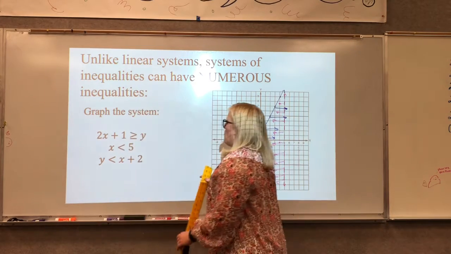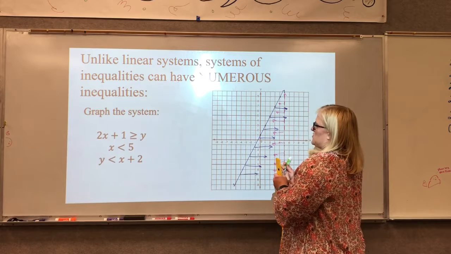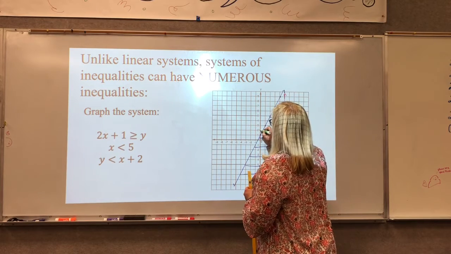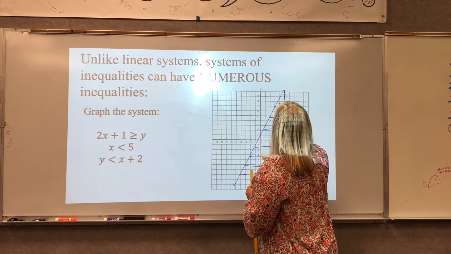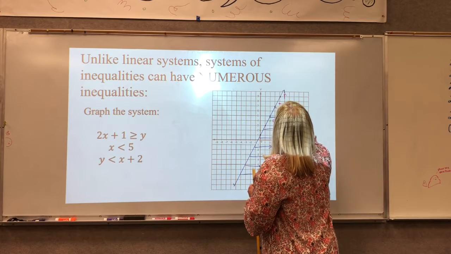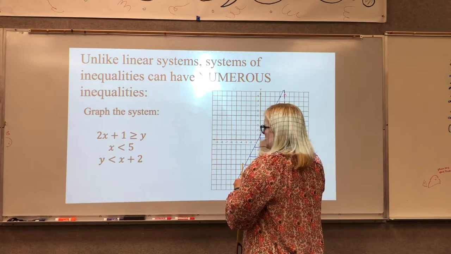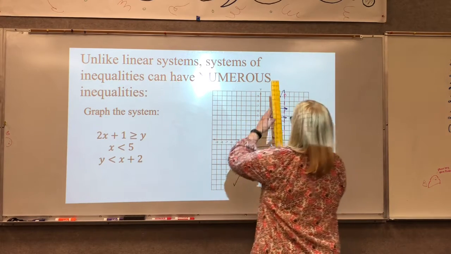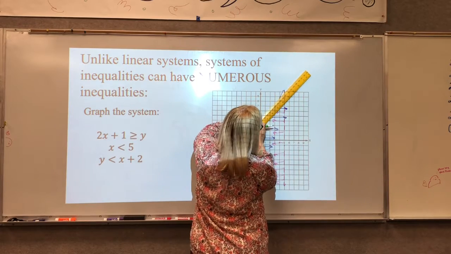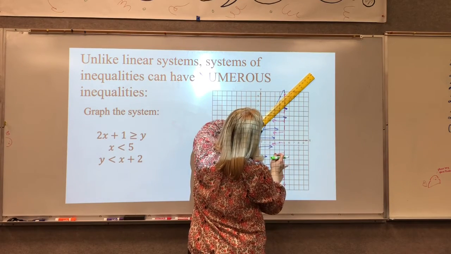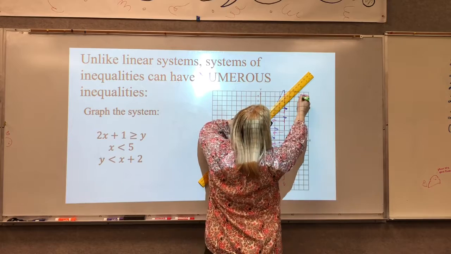Okay, and finally, our last one, we've got y is less than x plus 2, so I've got 2, and the slope is 1, and it's less than, so again, this is going to be a dotted line. Make sure I got it on here.